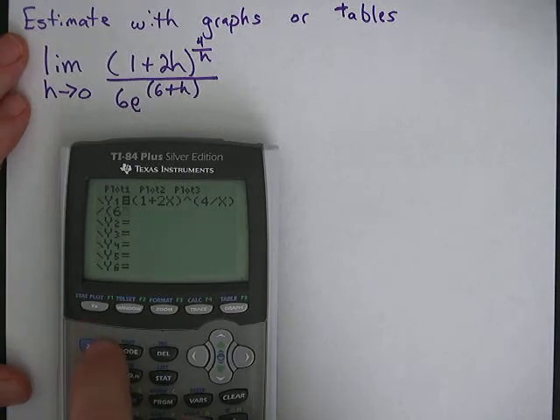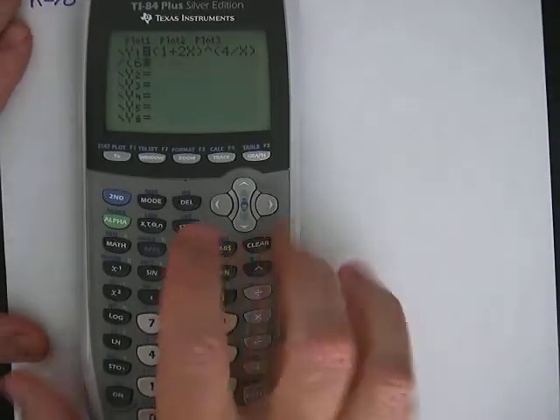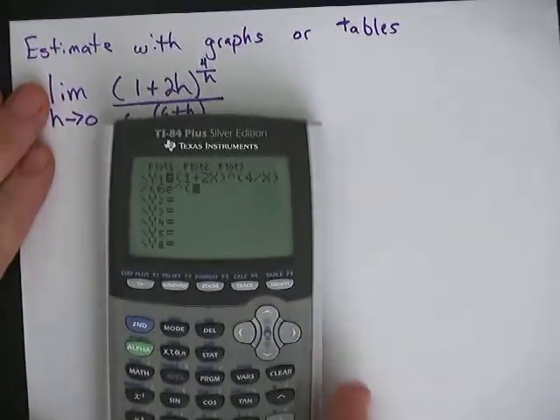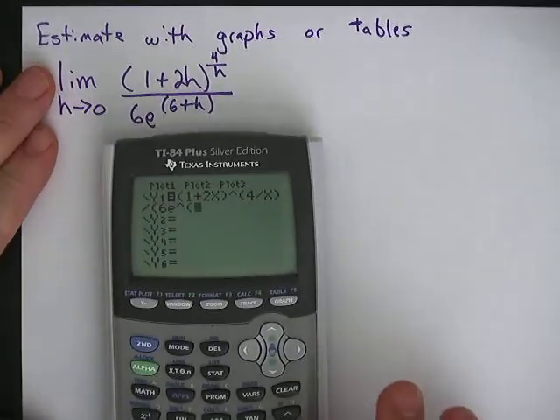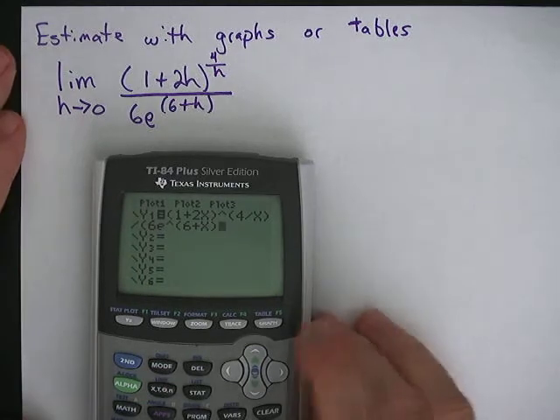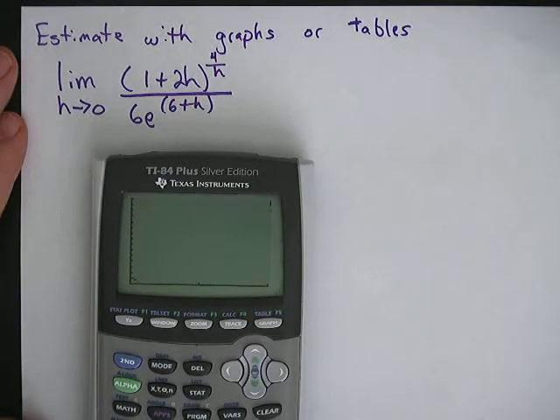You get e by doing second ln, and it's automatically going to open up the exponent for you. 6 plus x.